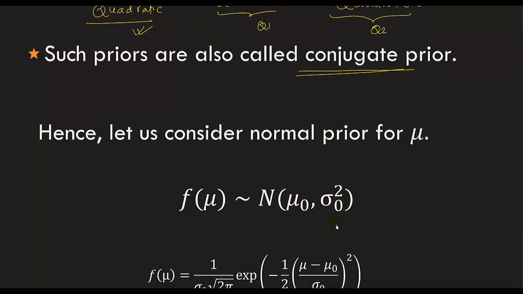So let us consider a prior for mu that is normal, because I need exponential quadratic. The mean has a prior distribution of normal with mean mu naught and variance sigma naught square.